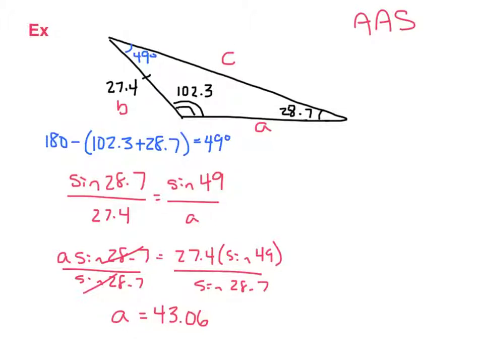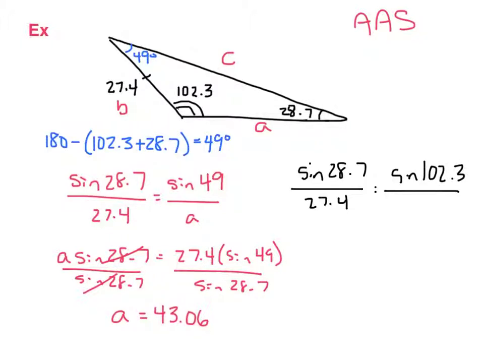All right, let's do the same thing to solve for that side C. So I'm going to use the same angle that I was given earlier and this side. So I can say, okay, the sine of 28.7 over 27.4 is equal to the sine of 102.3 over C. And to solve this, we just go about it the exact same way.